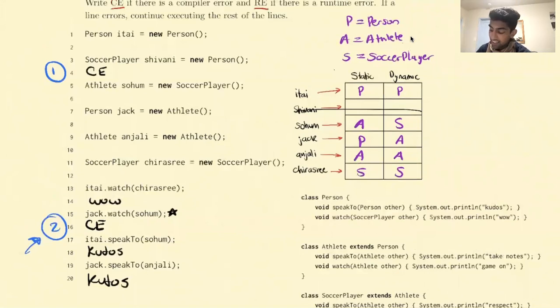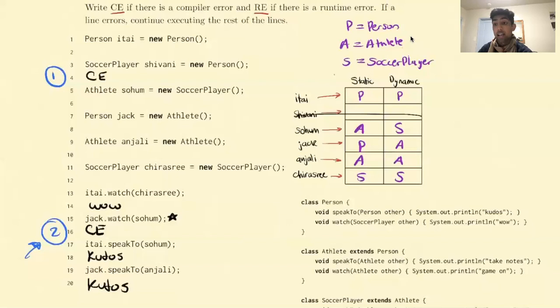Okay, let's start off by looking at soccer player Shivani is equal to a new person. Can we somehow resolve this error? I think a first good guess is, what happens if we just add in a soccer player cast here? What'll happen here is that now we're going to get a runtime error instead of a compiler error, because we're not actually allowed to cast a person to be a static type soccer player.